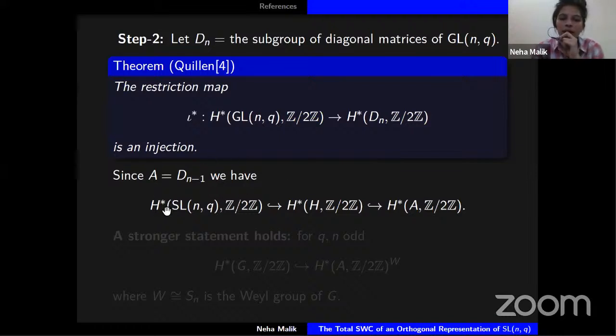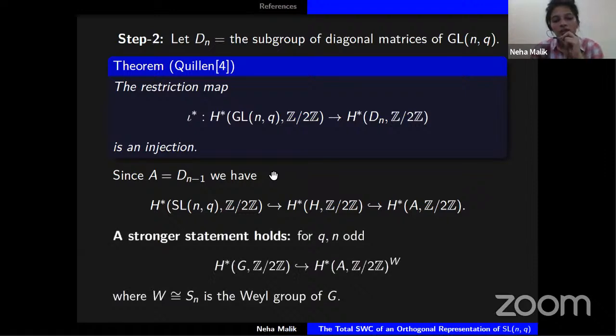So we combine these two steps. SL_N(Q) is detected by the copy of GL_{N-1}, and due to Quillen, the mod 2 cohomology of GL_{N-1} will be detected by A. So this completes the proof of the detection lemma.